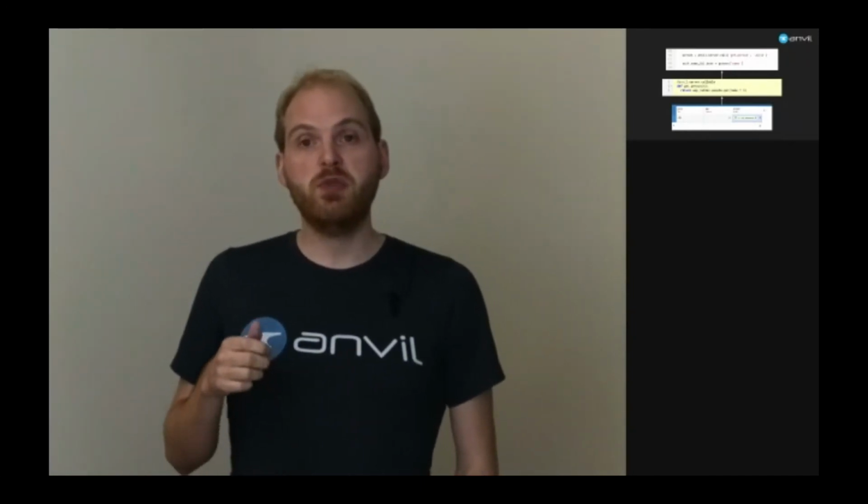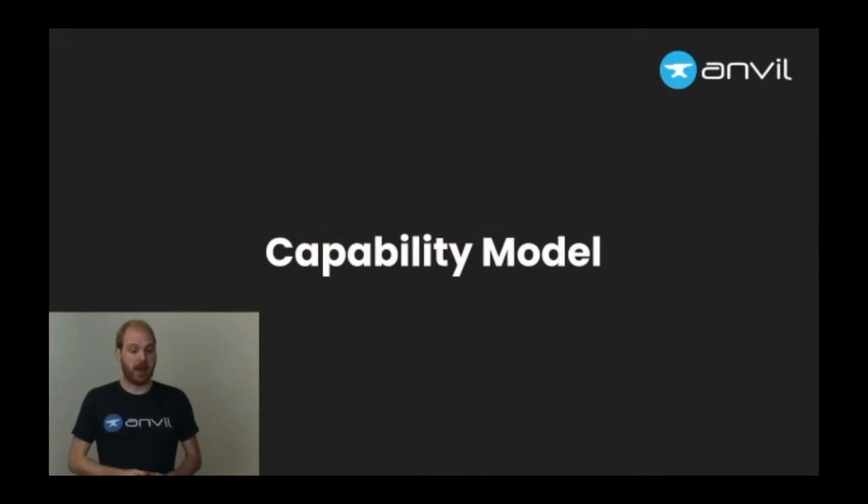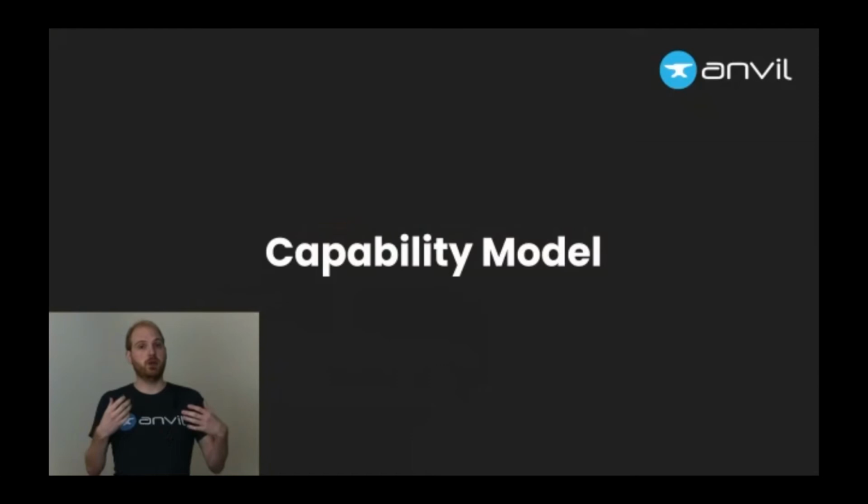So you don't just need to be able to pass this stuff around. You need the authorization for manipulating these objects. And for that, we use a capability model. Now, to use the more computer sciencey terms, capability is an unforgeable token that is used to prove authorization to access a particular resource.